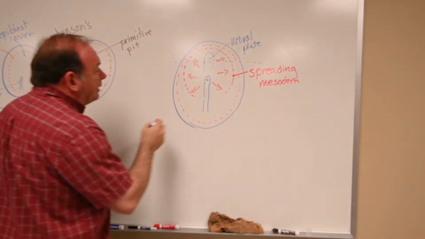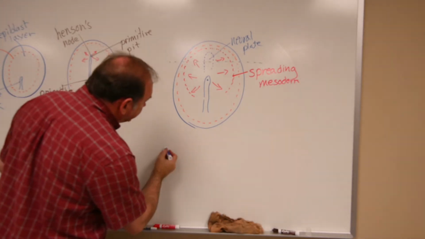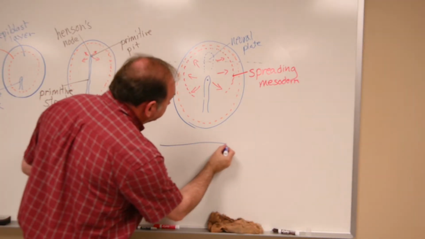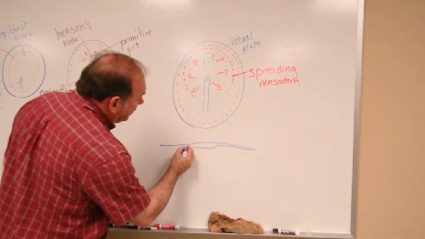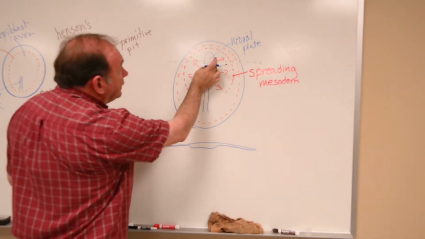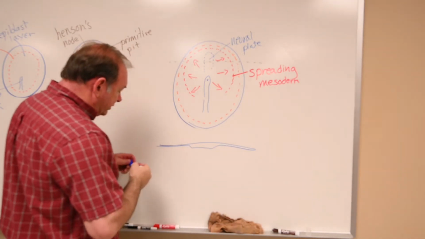And we were to see what that looked like in a cross-sectional view, we would have our surface layer of ectoderm going across here that would be thicker in the zone where the neural plate is. So we have a thick neural plate and we have surface ectoderm there.